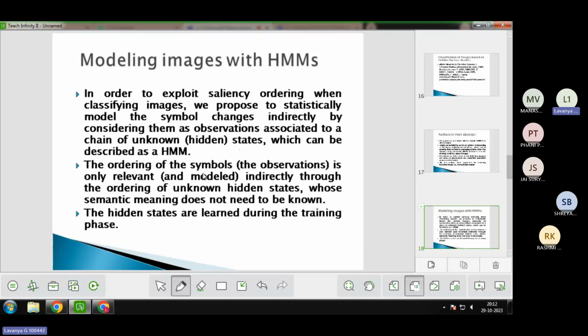The ordering of the symbols, the observations, is relevant and modeled indirectly through the ordering of the unknown hidden states. The meaning need not be known. Obviously, this hot, cold and all, we don't have to know. We only saw what he was wearing, and based on that, we decided. The hidden states are learned during the training phase.